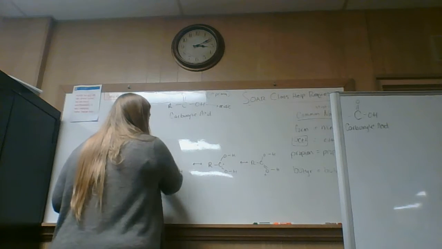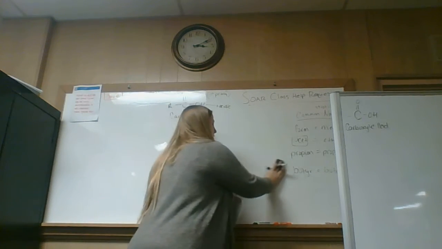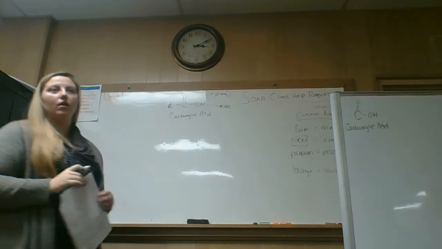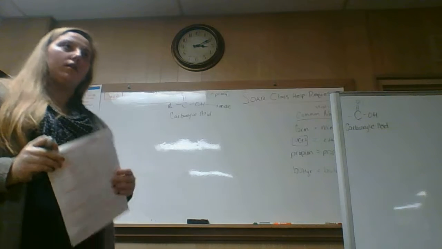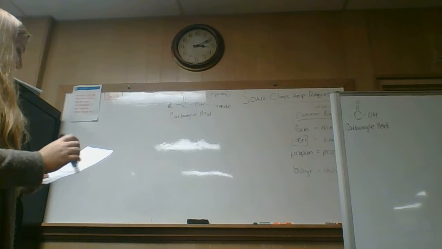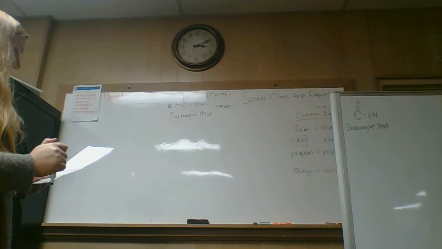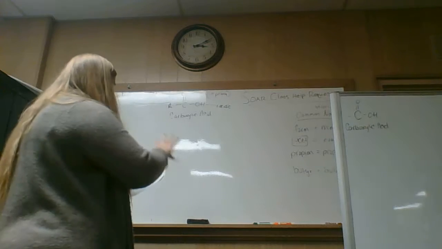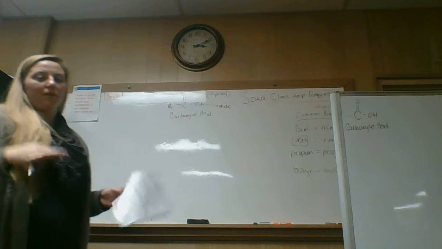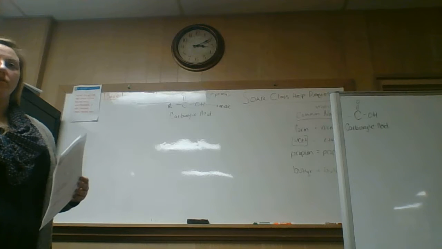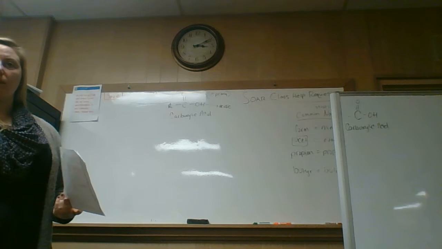So do you think he'd give us a specific reaction and ask to explain what's happening with that? So with this chapter, I drew a lot of stuff on the board. I don't think you're going to see those types of drawings. I think he might ask you about how the carboxylic acid will react.